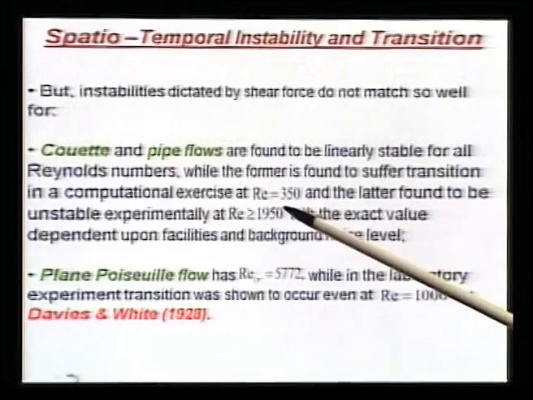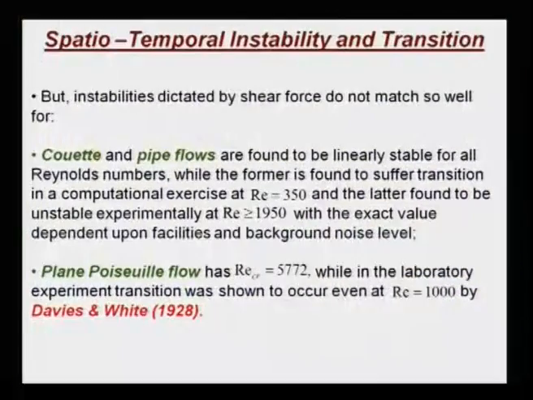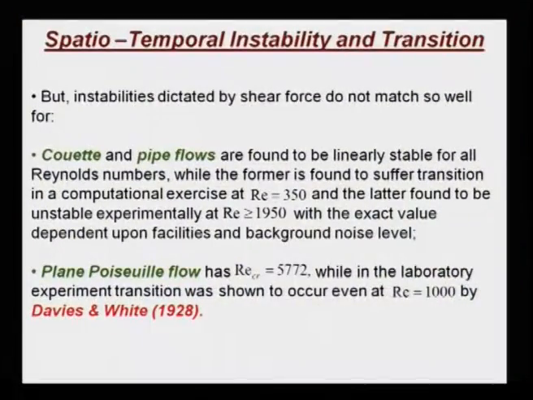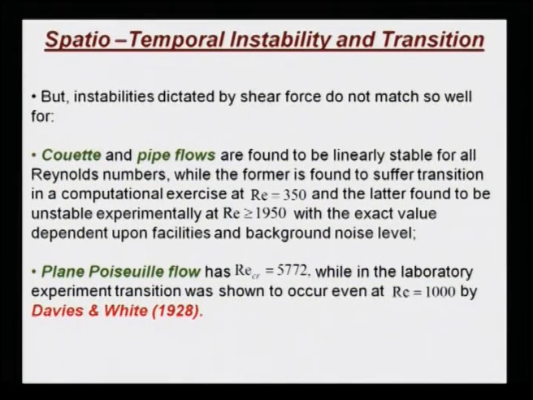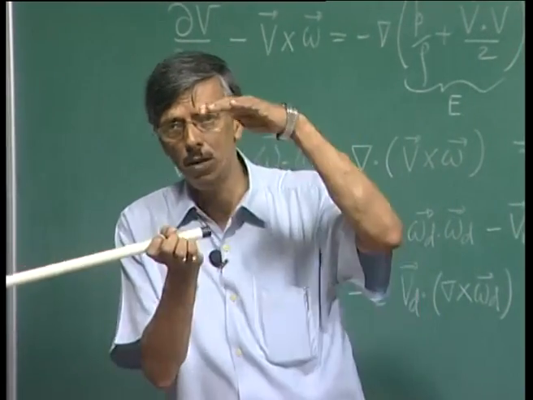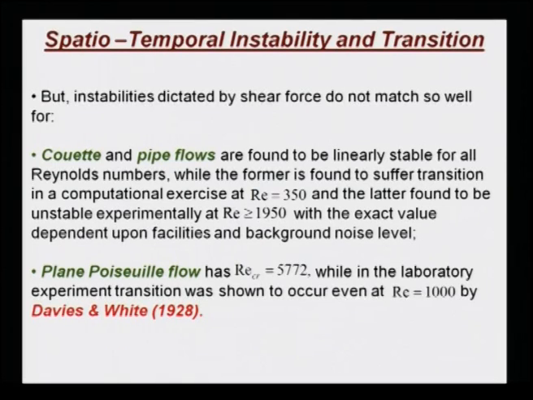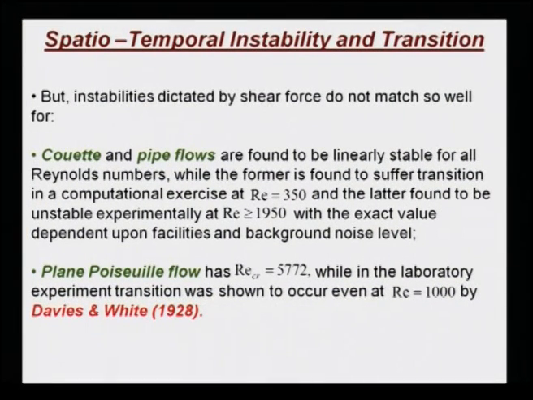Whereas for pipe flow, we know that the threshold limit is around 2000, and if you have the Reynolds number above this, we can get transition. And the exact value, of course, depends on the facilities, the background disturbances, all kinds of things. If you look at the flow inside a plane channel, what is called plane Poiseuille flow, the linear stability theory gives a critical value based on displacement thickness of the order of 5,700.